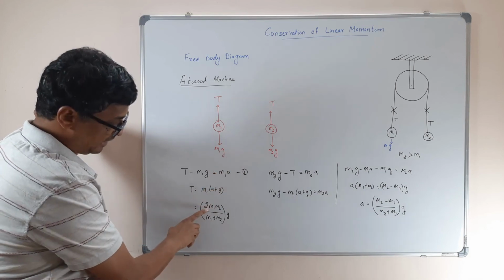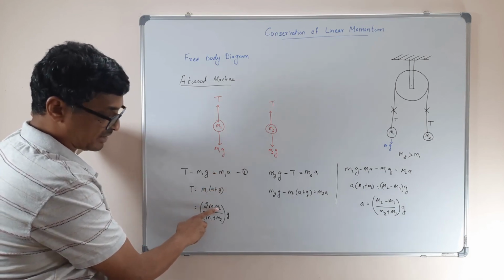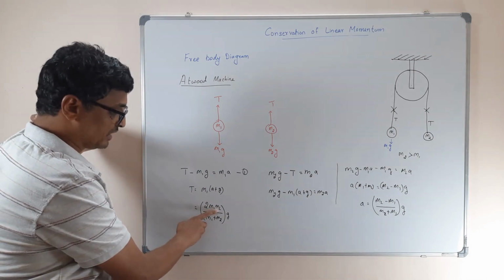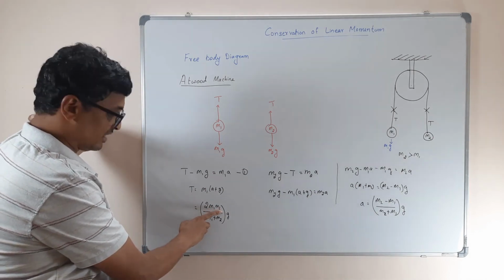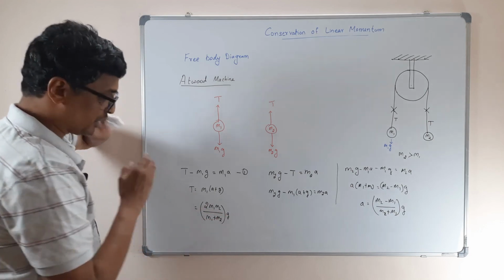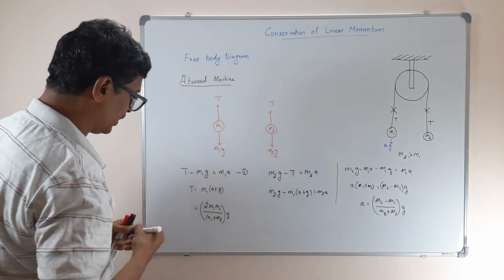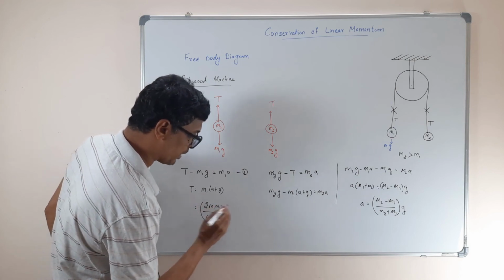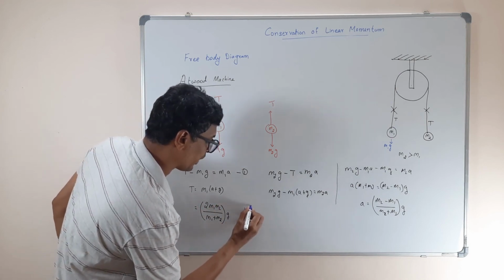Correct? Now see here. The top has m1, m2, so two masses, that will be m squared.